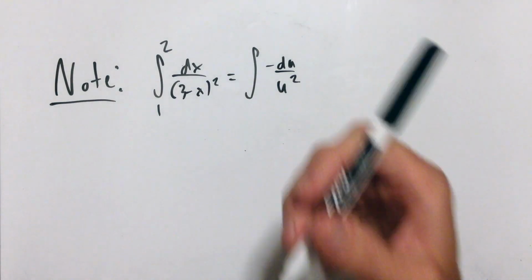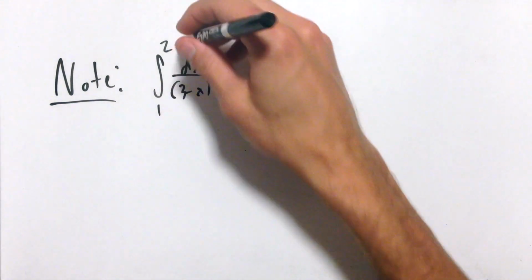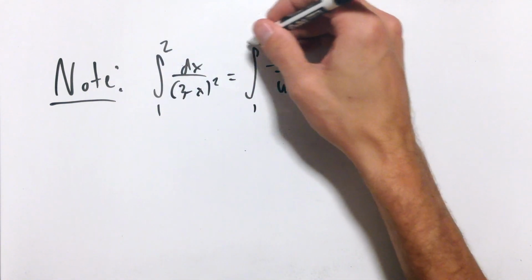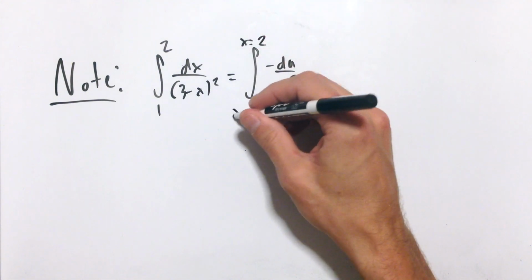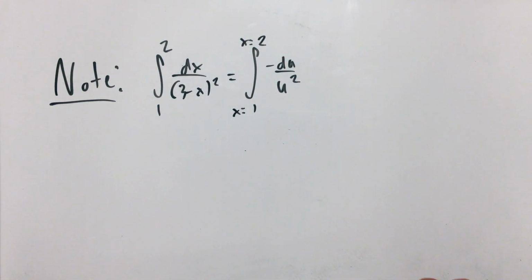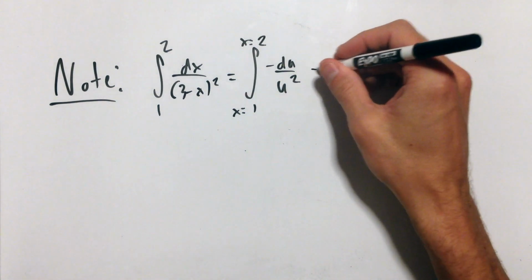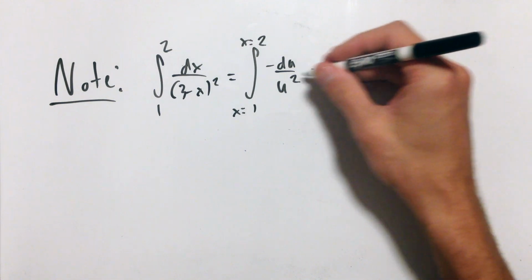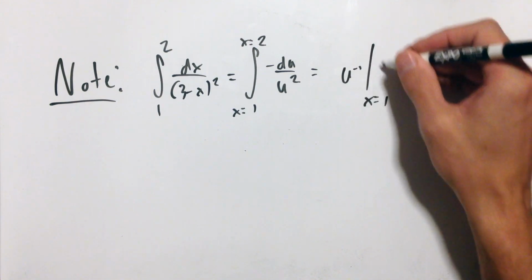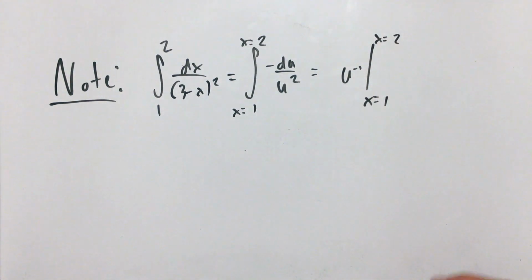If you really don't like this idea of replacing the limits of integration, you can leave them as 1 and 2, but write down x equal to 1 and x equal to 2. This tells you that these limits are in terms of x, not in terms of u. You can go ahead and complete your integration. This is still equal to u to the minus 1. This is going from x equal to 1 to x equal to 2.